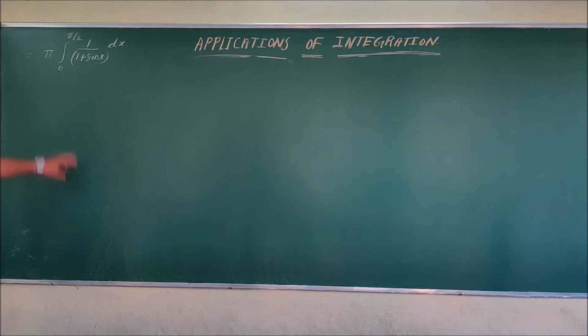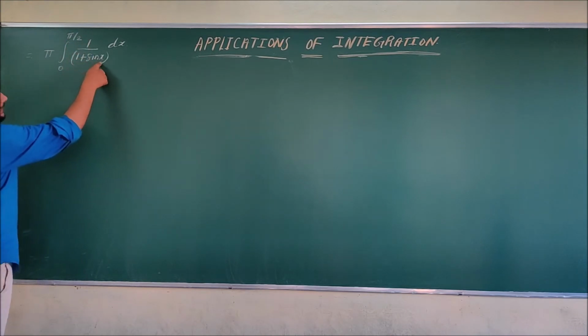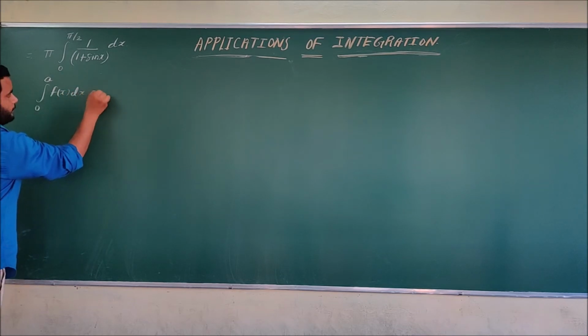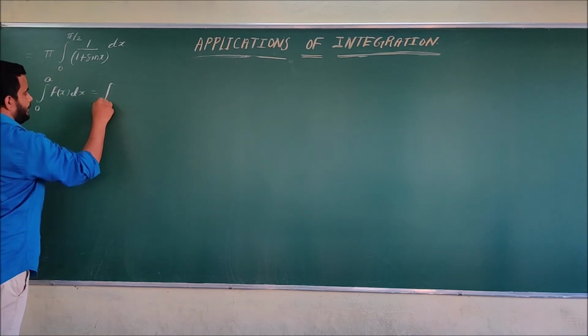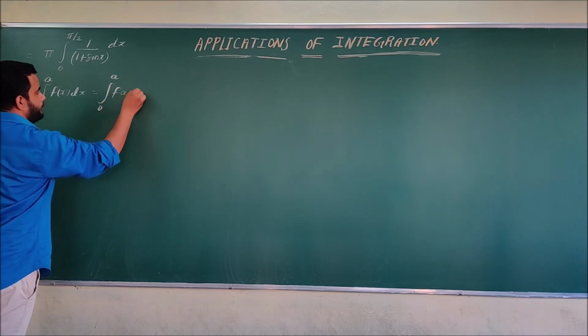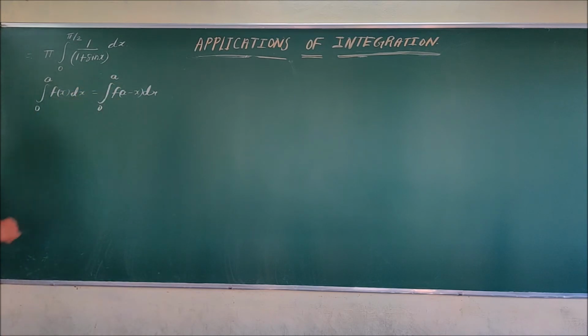Now we have pi into the integral of 0 to pi by 2, 1 by 1 plus sin x into dx. We know another property: the integral of 0 to a, f of x into dx, is equal to the integral of 0 to a, f of a minus x into dx. That is, x is replaced by a minus x.